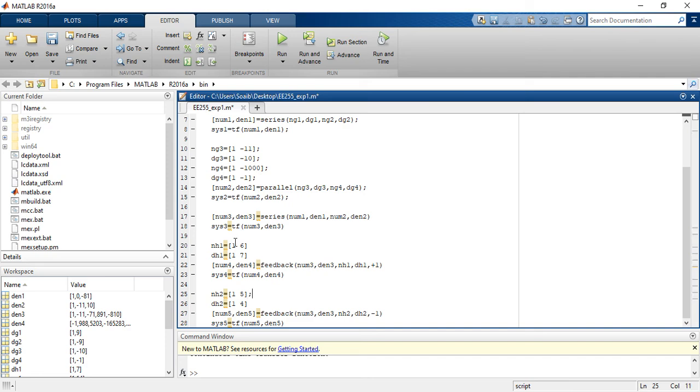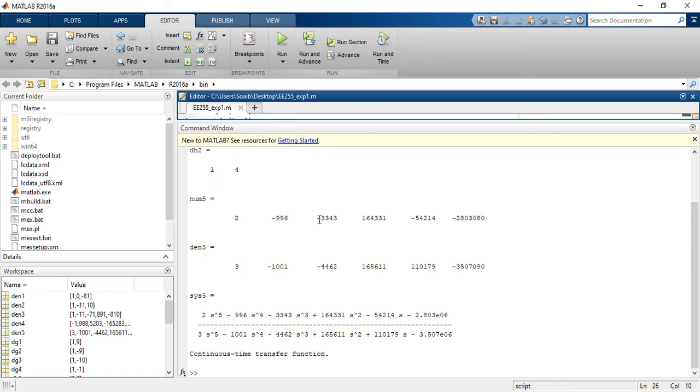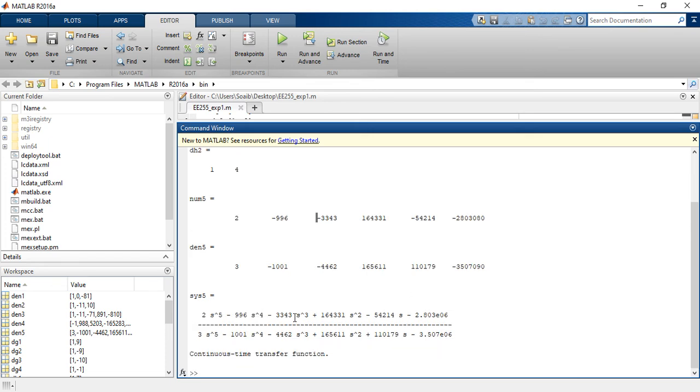I will put some comments over here to hide the answer, because I need the final answer only. So it will be this one, and this answer. If I run it, the answer I will get is nh2, dh2, num5, den5, and the answer is this.